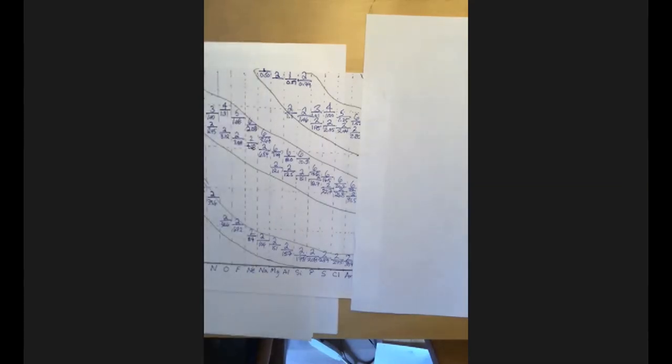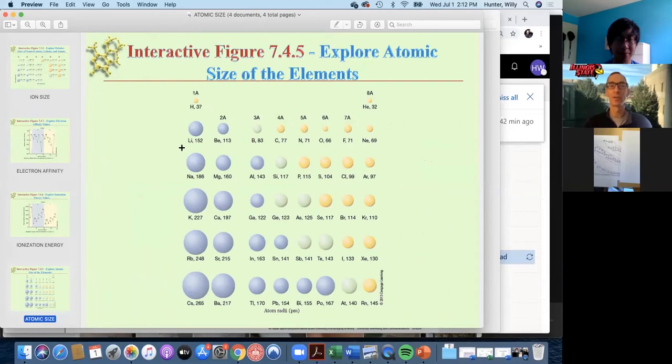As we go down the first column of the periodic table, the atom size gets bigger.